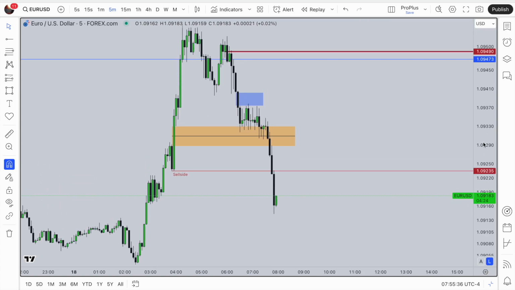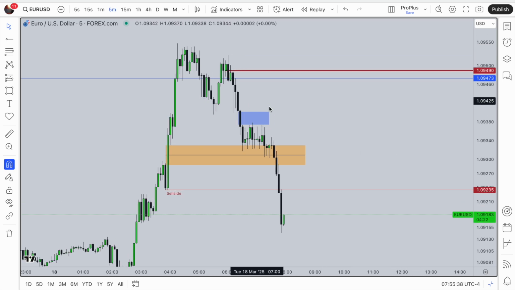It's a shame again. I know, you guys, but it dropped lower, tapped into this here. It'd be nice if there was a CB here. There isn't even an inversion fair value gap here. So like that there, it doesn't even come back into that. There's that SIBI there, but look, price closed above it.